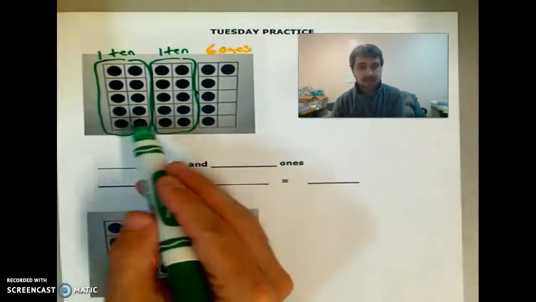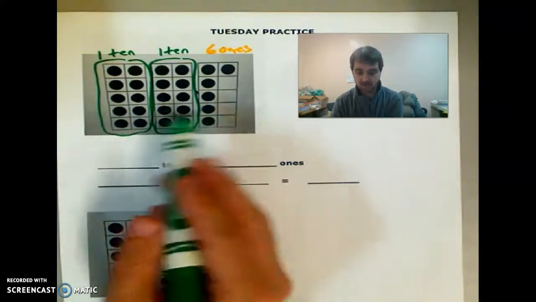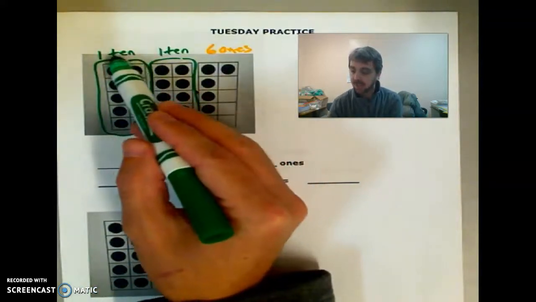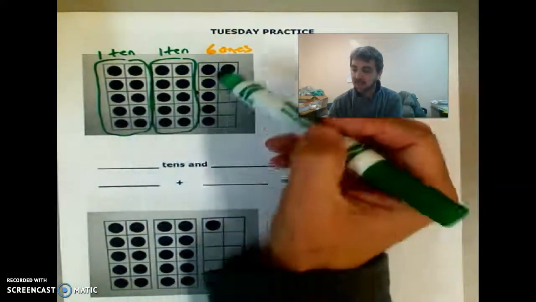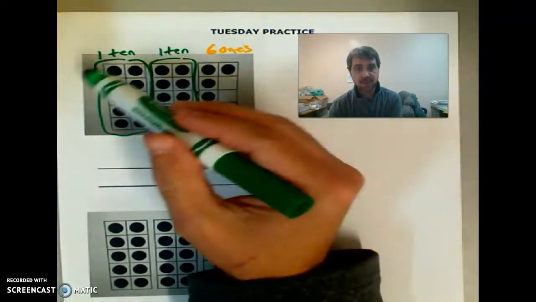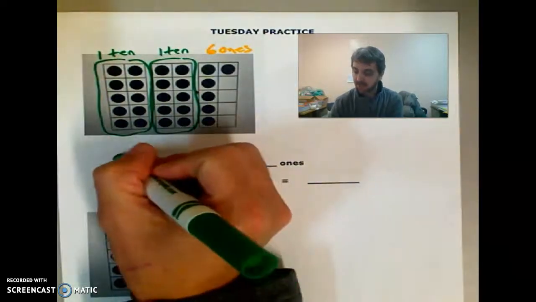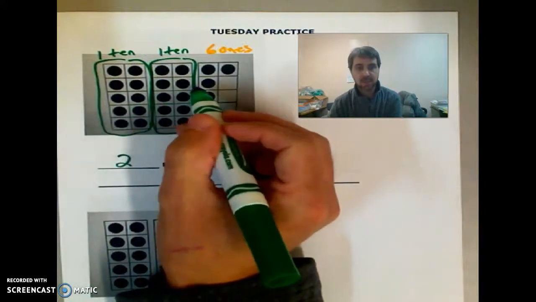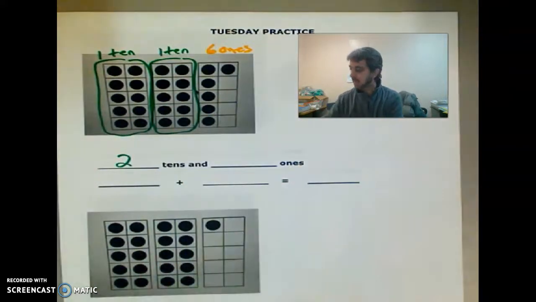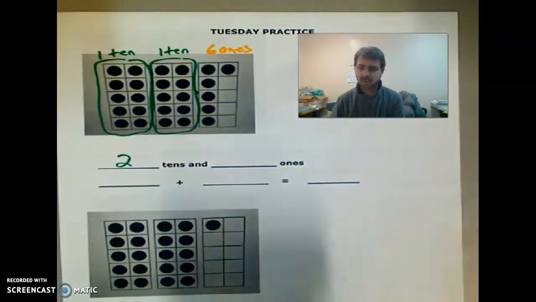So how many 10s do we have in this number? We have 1 ten, that's 10, 20, that should be 26, right? So we have 2 tens, and then we still have 6 left over that don't fill it all the way up.